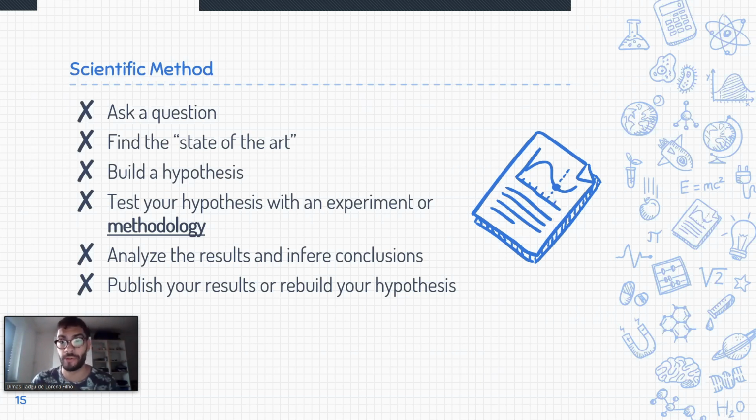It can be a simple thing. The only thing it cannot be is that normally people ask the question already with the hypothesis, and this is like a trap. Don't fall in that trap, because what happens is, oh, my question is I'm going to see if gamers are harassed when playing online.